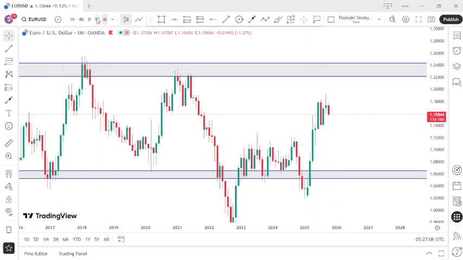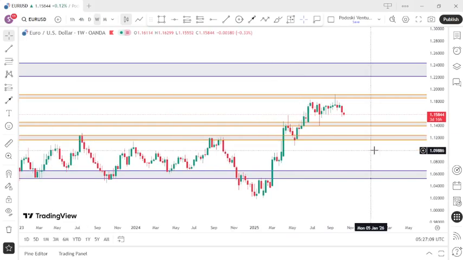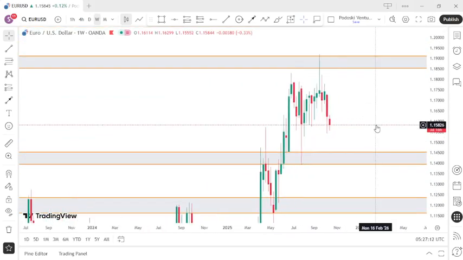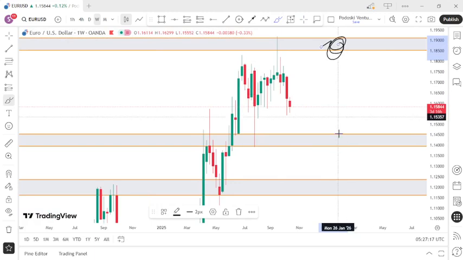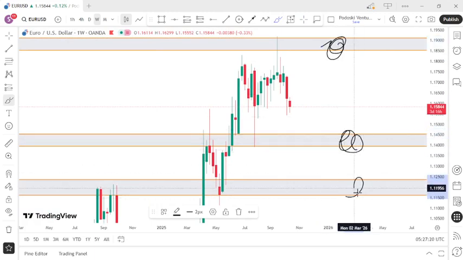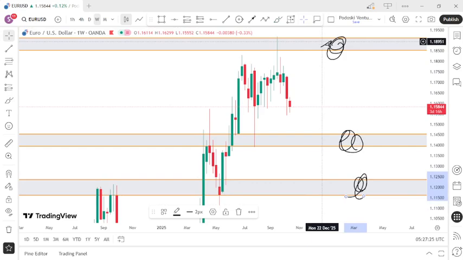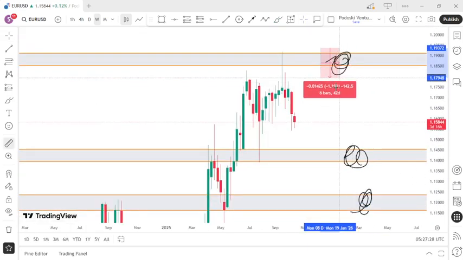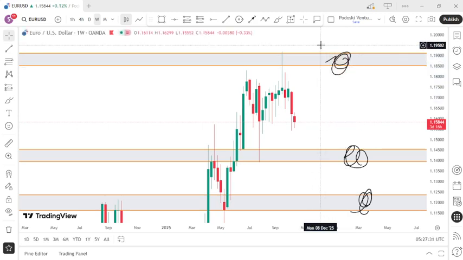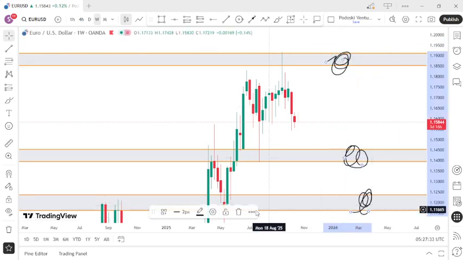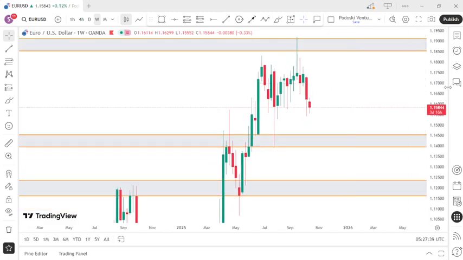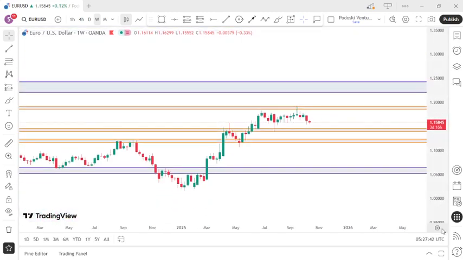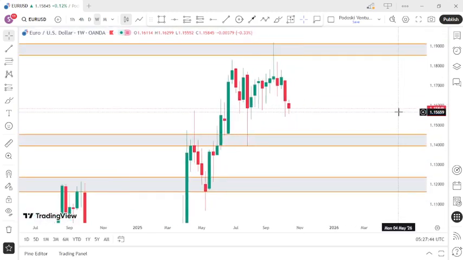So let's go over to the weekly time frame. Here we are on the weekly time frame. I have my weekly upper zone here, midway zone here, and my weekly lower zone here. From the weekly time frame, you can see that price is moving to the upside as we saw on the monthly time frame.